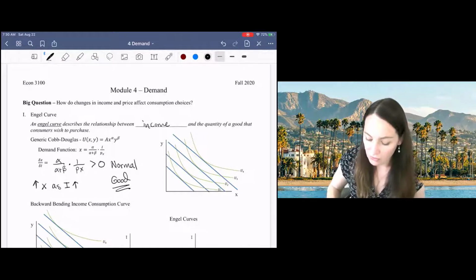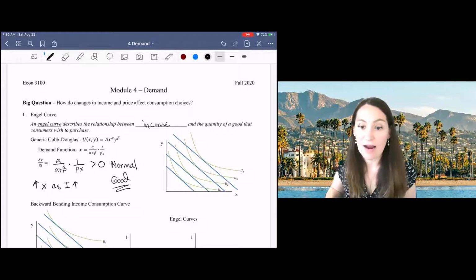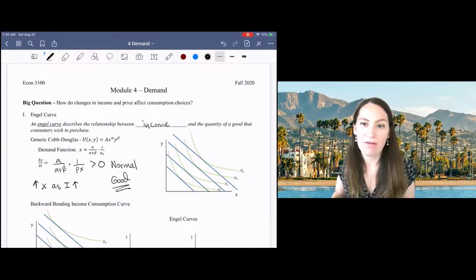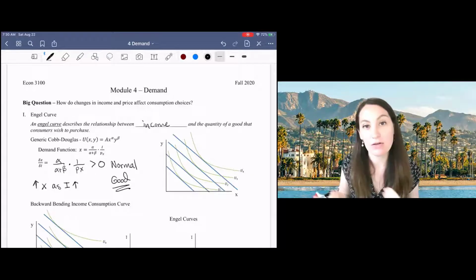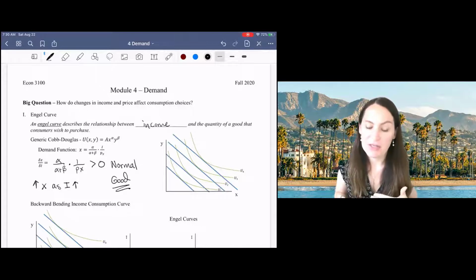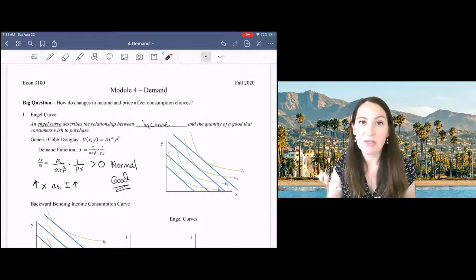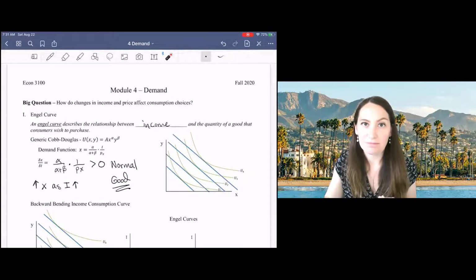All right, so one way to see that on our graph is to plot an income consumption path. So now on this graph where I have my indifference curves and my budget constraint, I don't just have good X, I also have good Y. And as I show changes in income, my budget constraint's going to be shifting out, giving me a new optimal consumption bundle of both X and Y for each new level of income.